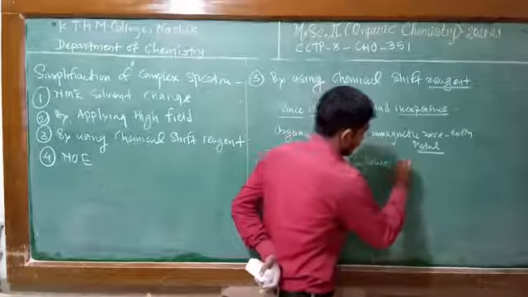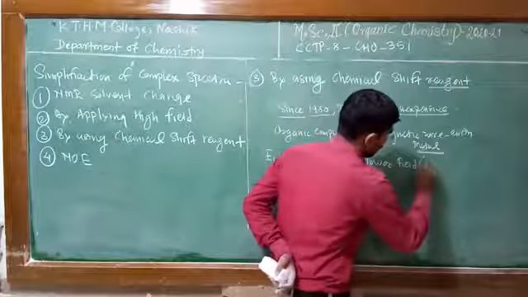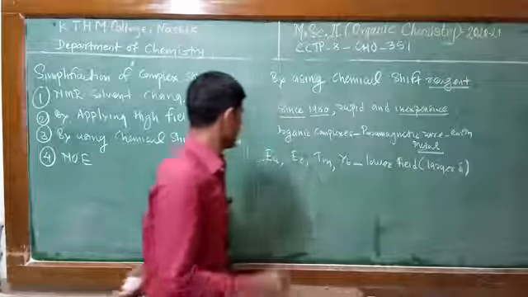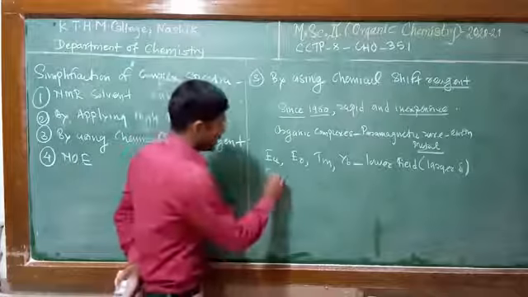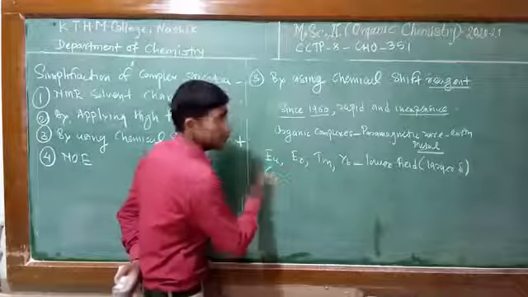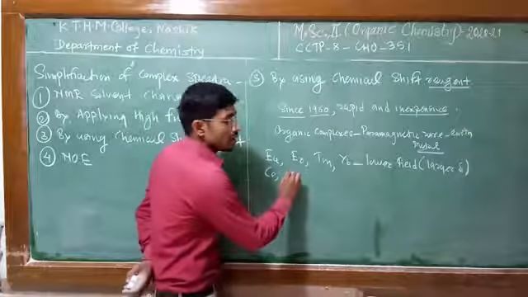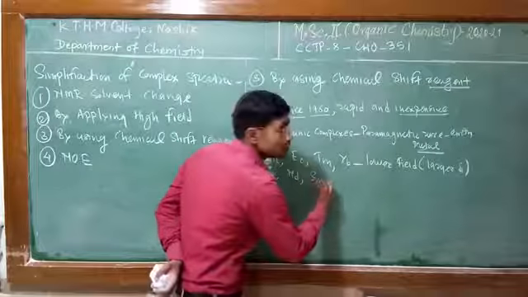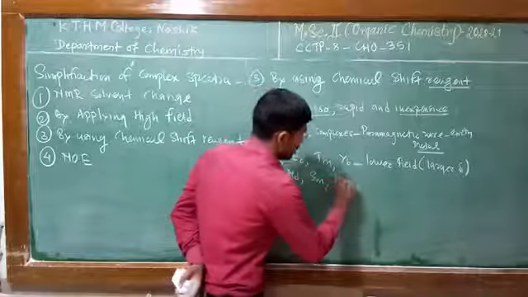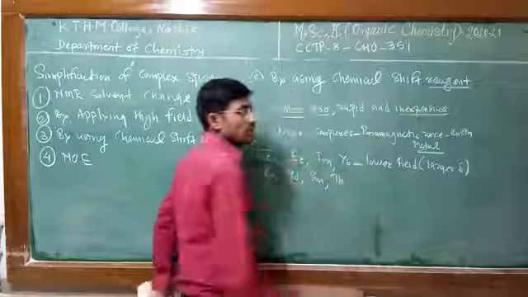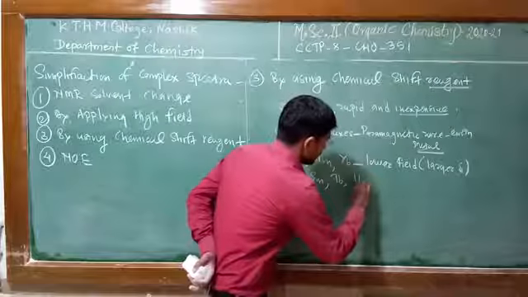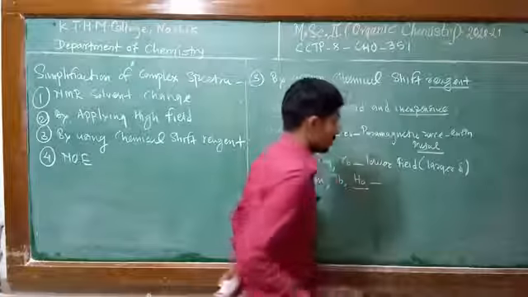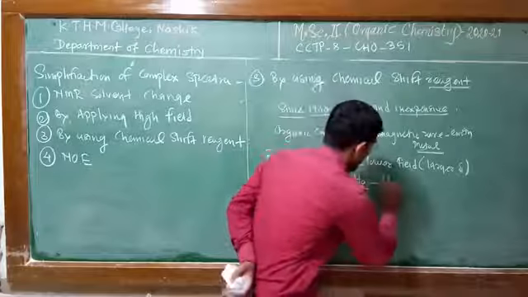Lower field means larger delta value. While if you use metals like cerium, neodymium, samarium, terbium, holmium, this type of metal shifts the resonance to higher field.